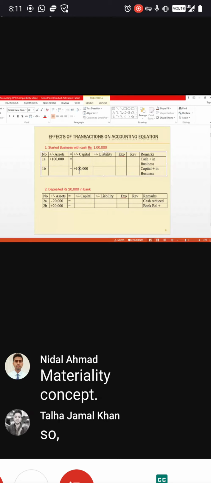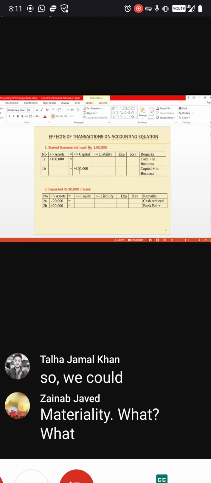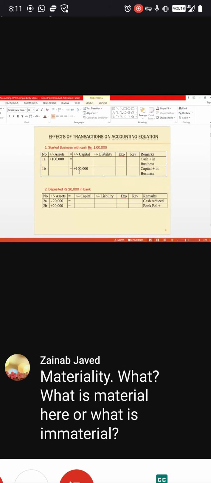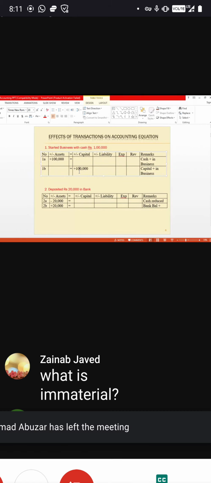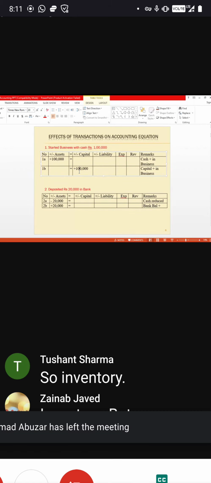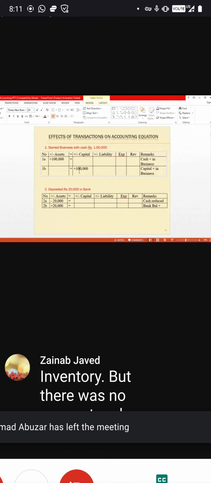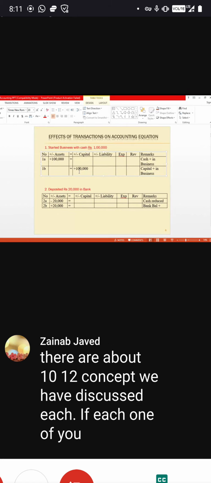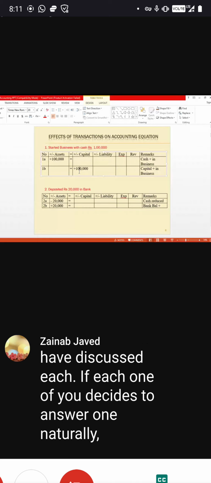What is material here, or what is immaterial? Entity, sir. Likewise, there are about 10-12 concepts we have discussed. If each one of you decides to answer one, then naturally one will be correct.